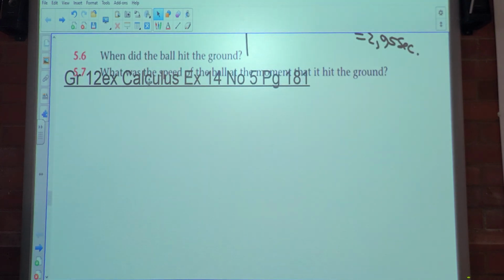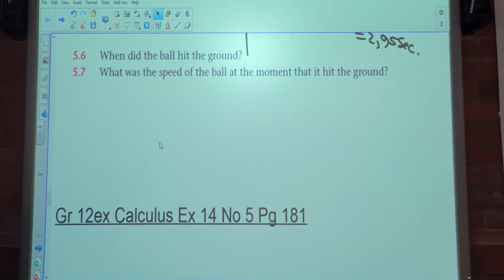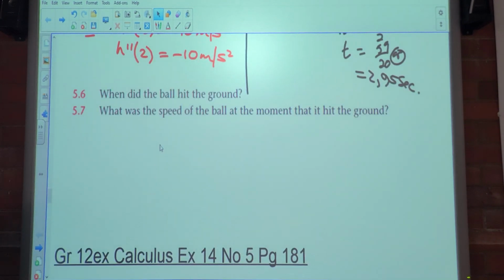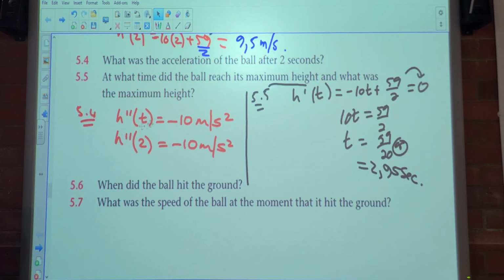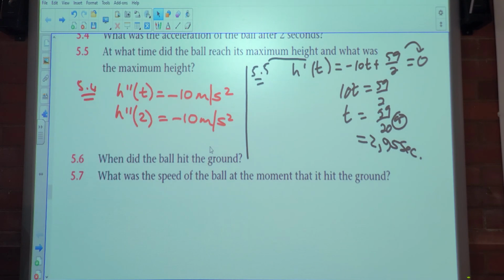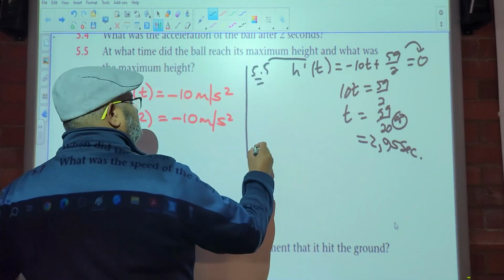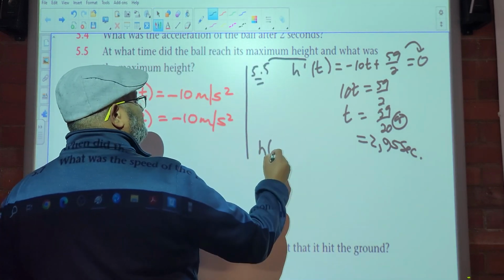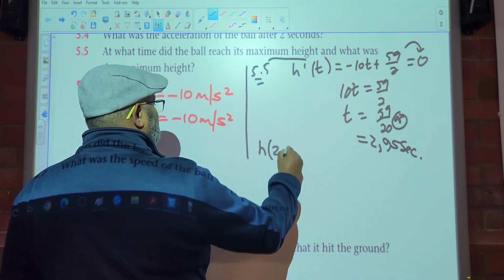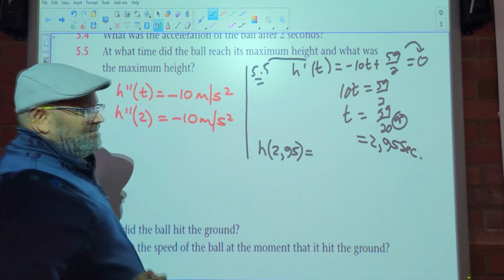Question 5.6. When did the ball hit the ground? The displacement there is going to be 0. But I don't think I've answered the previous question completely yet. At what time did the ball reach the maximum height, and what was the maximum height? The second part of the question we didn't answer. The maximum height will occur at the time 2,95.